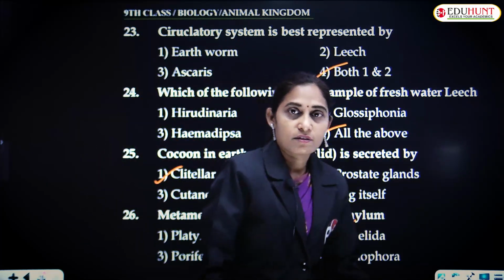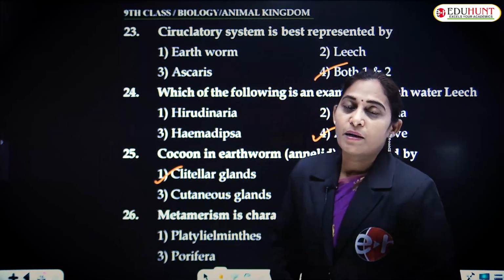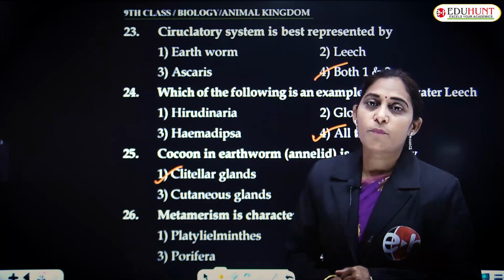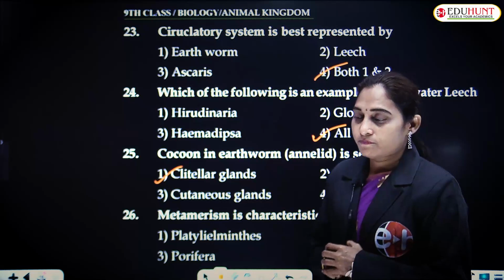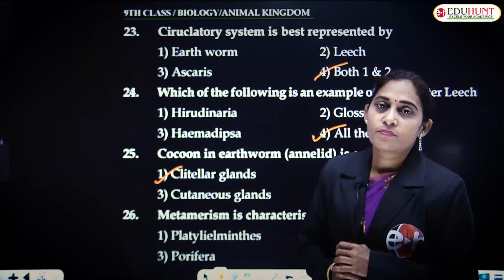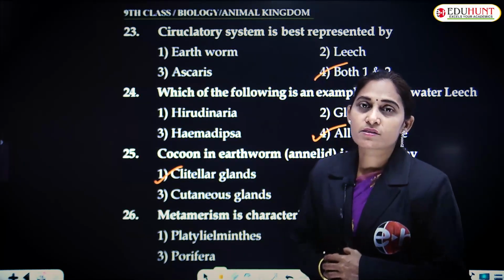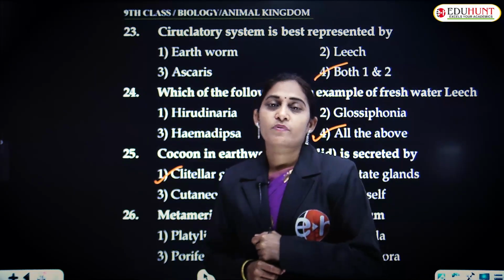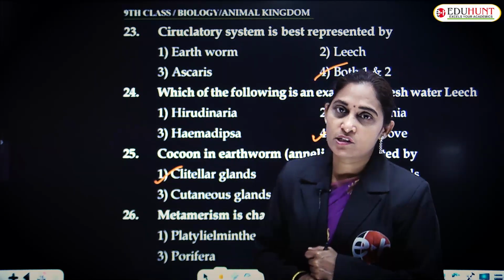We have finished answering the multiple choice questions of the topic Annelida. These are very simple if you remember the general features and also the classification, the three classes: Polychaeta, Oligochaeta and Hirudinea.